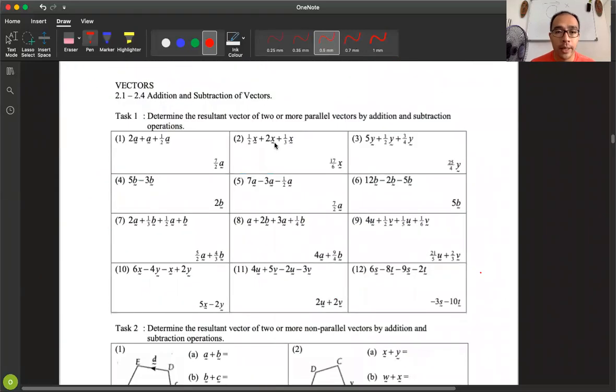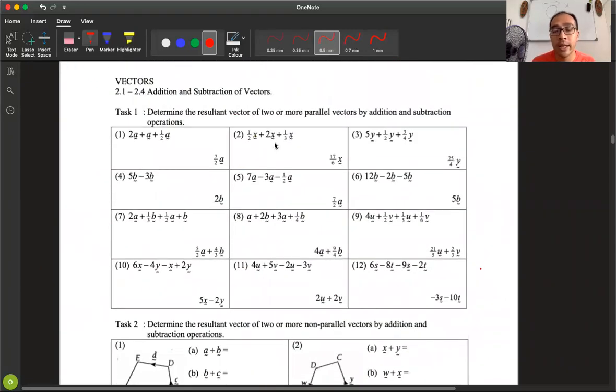All right. The next thing that we need to talk about is the addition and subtraction of vectors. Now that we have all these vectors with numbers in front, we find that we can add them and subtract them just like in a normal algebra question.